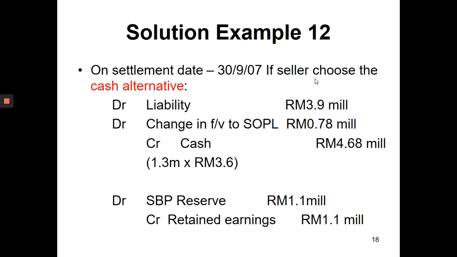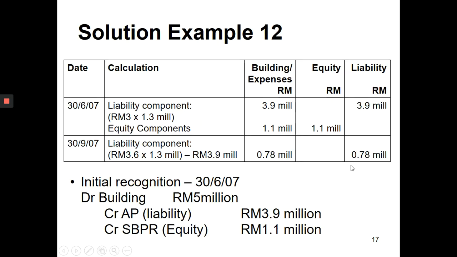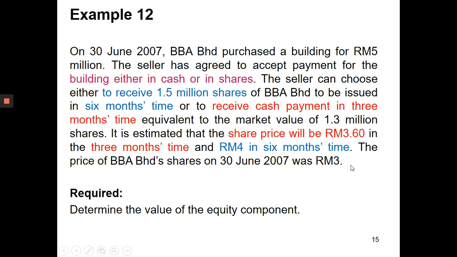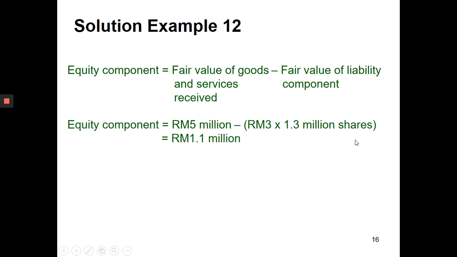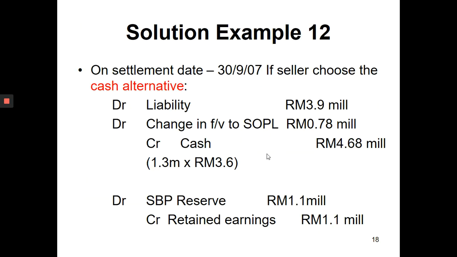Okay, cash alternative, dan bila you nak bayar, it will be pada tarikh cash payment 3 months. In 3 months, RM3.60 kan? Okay, so kalau dia ambil cash alternative, so kita kena bayar dia adalah 1.3 million darab dengan RM3.60. Okay, pada 3 bulan kan, 3 months.